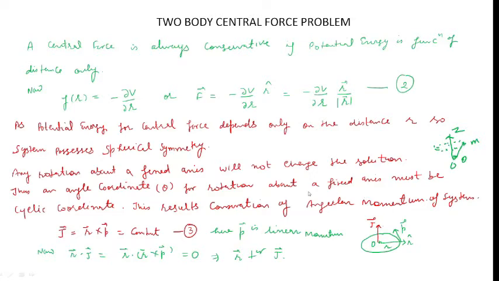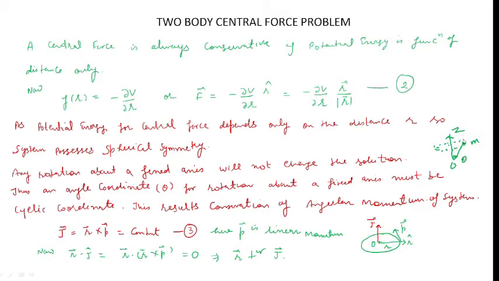You know that if theta is a cyclic coordinate, then del L over del theta will be equal to 0. So from the Lagrange condition, we know that d over dt of del L over del theta dot minus del L over del theta is equal to 0. So we will have del L over del theta dot equal to constant, or we can say that the angular momentum of the system is constant.